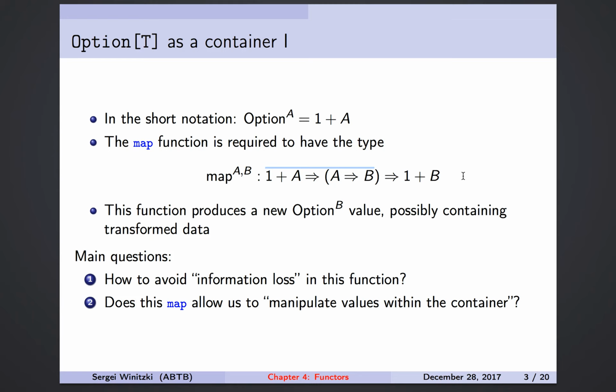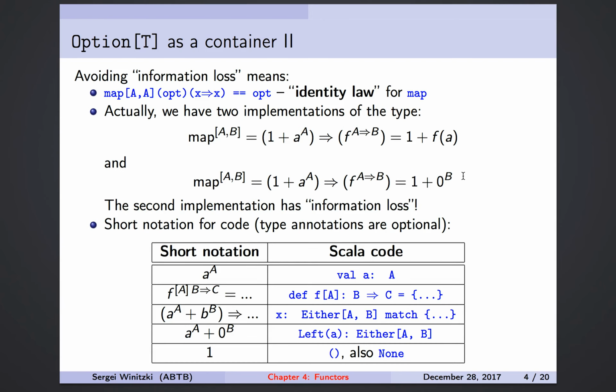How to define this map function in a sensible and reasonable way, because that's part of the idea of a container, because a container does not lose information. You transform information inside it, but you don't lose it while you're transforming. Losing it would violate the whole idea of having a container that holds information. So the first question about information loss, we will translate that into a formula because we don't want to just talk about some intuition.